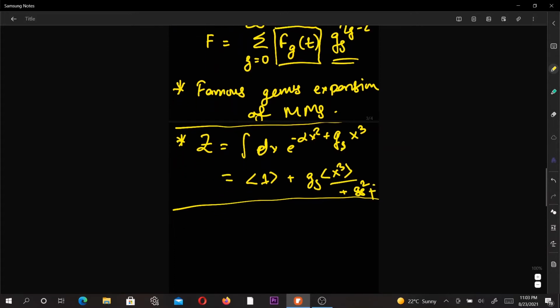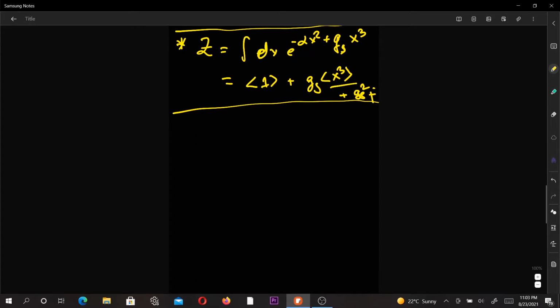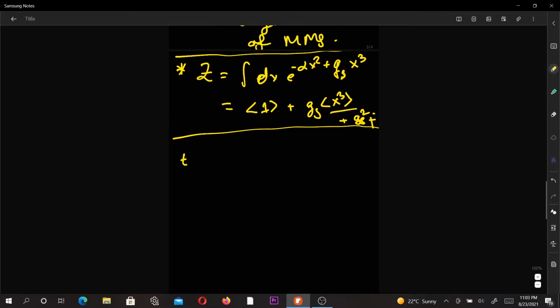So until now we have been expanding in powers of g_s, but we can also do something different. That is, in this scenario, we kept t fixed and expanded in g_s. We can do something alternative.